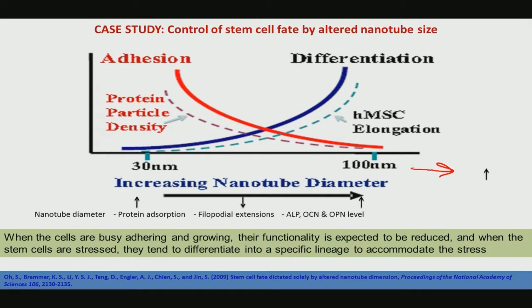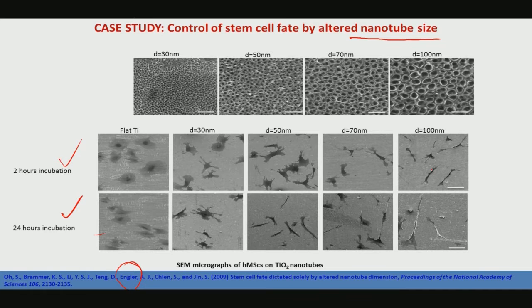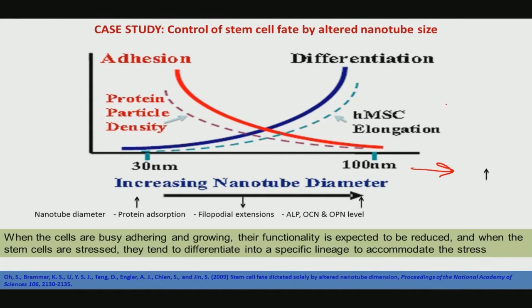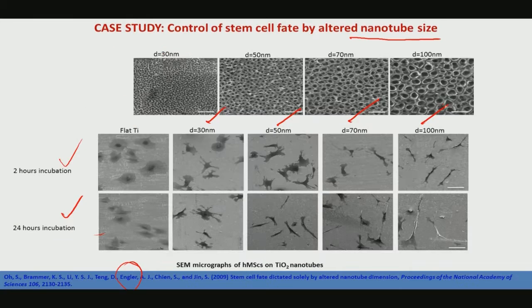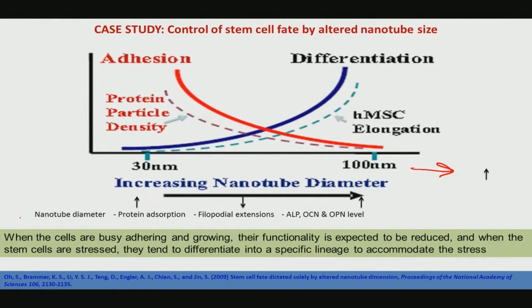If you go back to the earlier slide, you have seen that these 4 sizes at least were investigated, 30, 50, 70 and 100, and these 2 time scales they investigated: 2 hours for adhesion and 24 hours just to see some signature of the differentiation. Essentially, stem cell adhesion qualitatively decreases along this line as you increase the nanotube diameter.